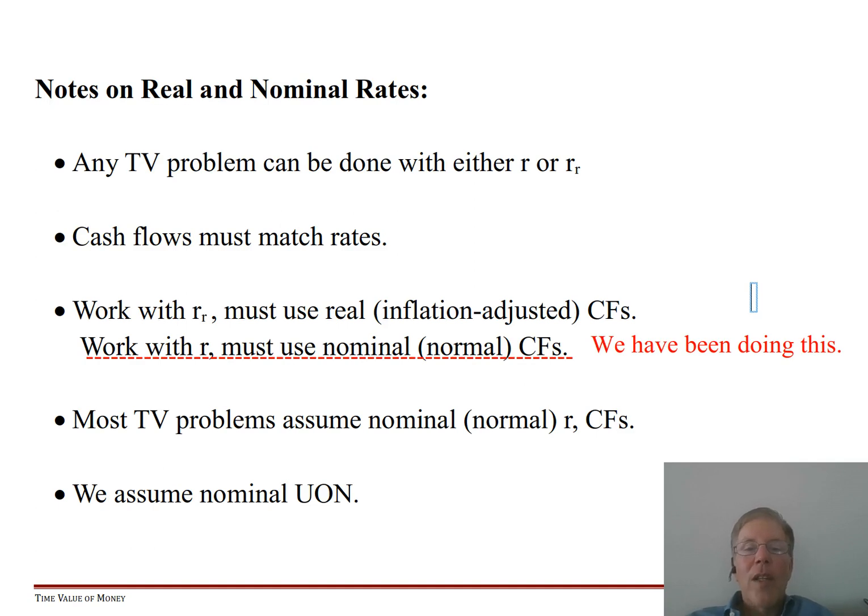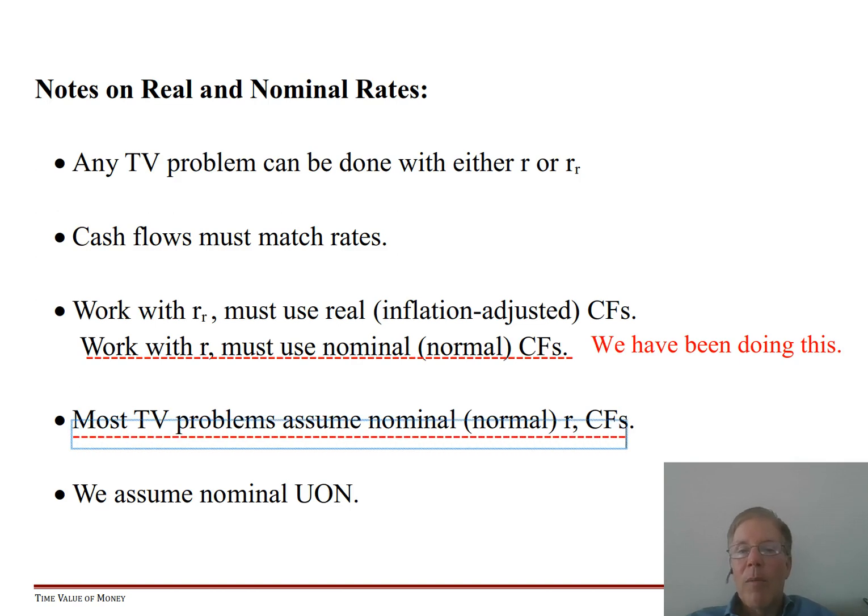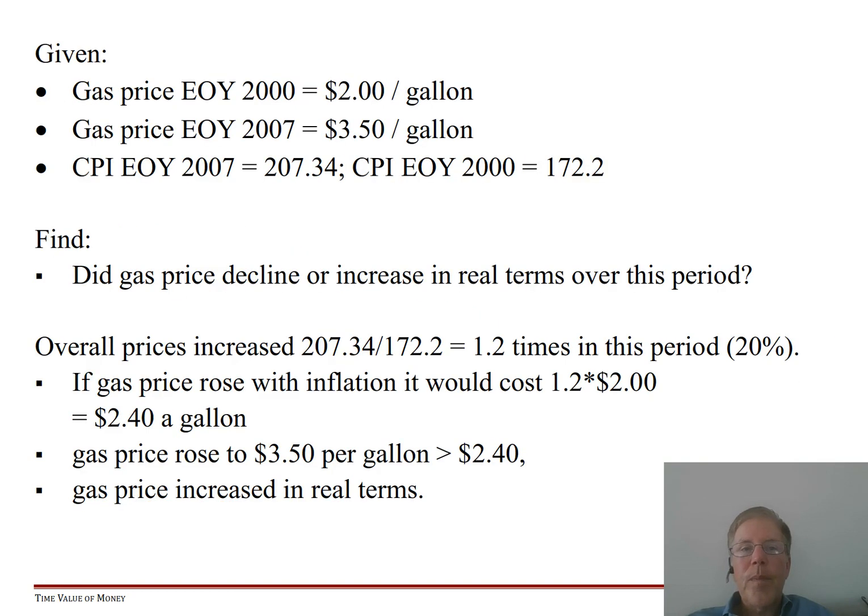So in the real world, almost everybody doing a time value problem is going to be assuming nominal, i.e. normal interest rates, discount rates, and cash flows. And that's going to be our assumption moving forward unless otherwise noted.